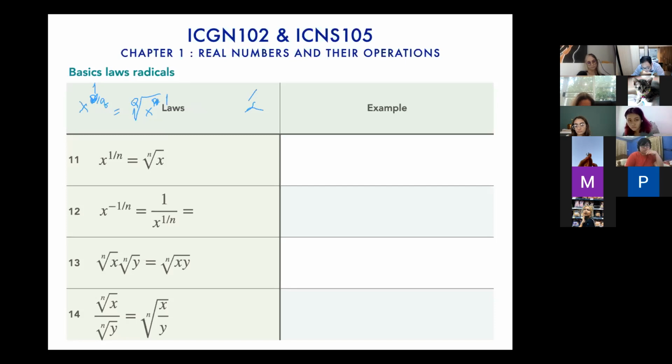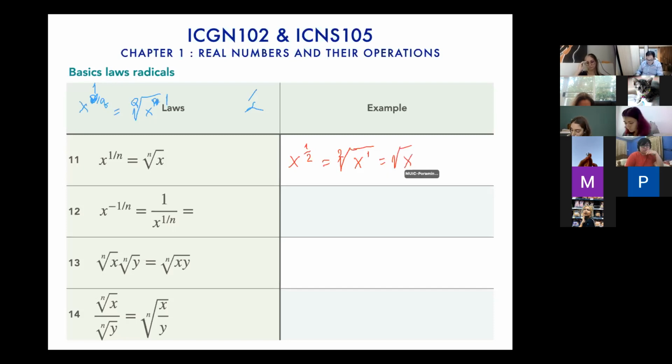x to the power of 1 over n equals the n root of x. For example, if we have x to the power of 1 over 2, it equals the square root of x to the power of 1, which equals the square root of x.